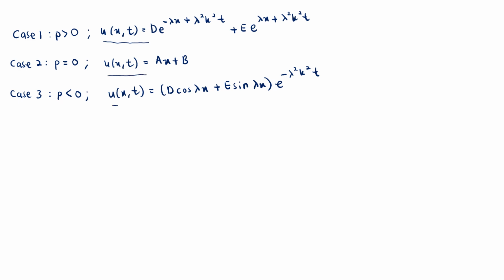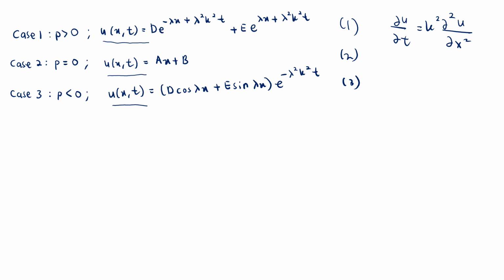The next thing you need to do is check if these solutions 1, 2, and 3 are the solution to del u over del t equals k squared del squared u over del x squared.